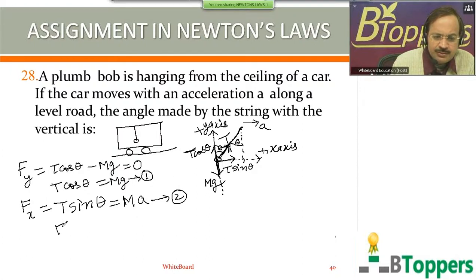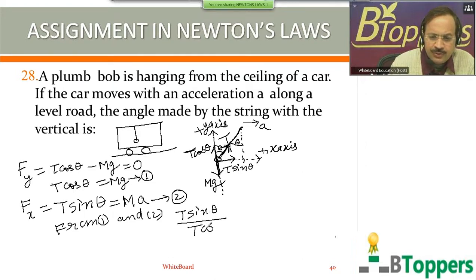So if you divide the second equation by the first equation, that is T sin theta by T cos theta will be equal to mA by mg.